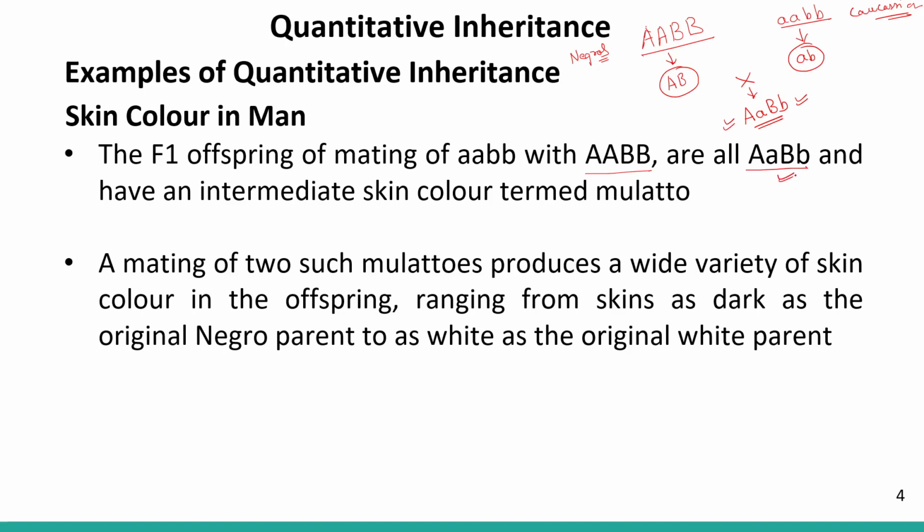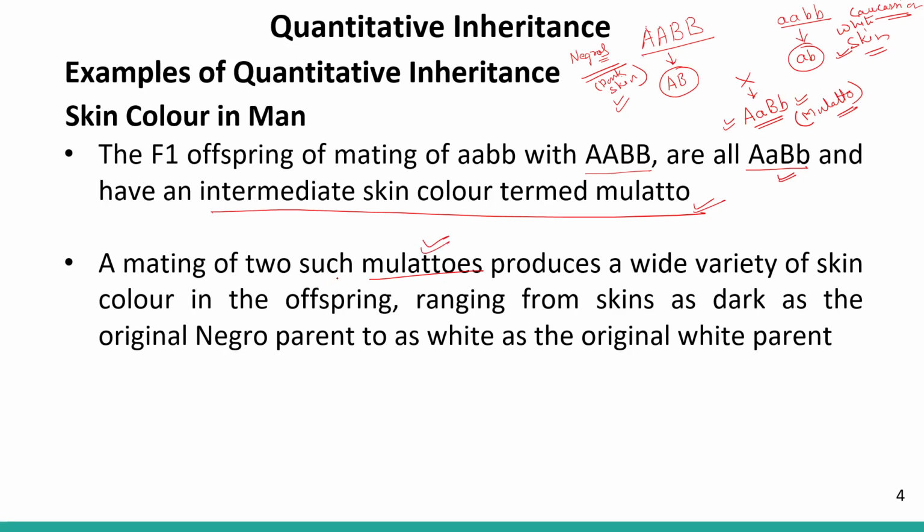All the offspring will be of this type and have an intermediate skin color termed mulatto. This is dark skin, and this is white skin. This one is intermediate between the dark skin and white skin, and that is called mulatto. Now for the F2 cross, we will take mulattoes as an example.